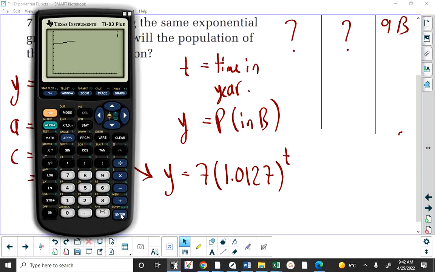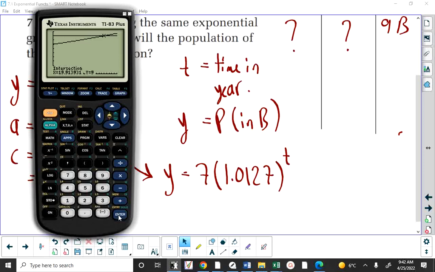Here's my population function. Here comes y equals 9, which is really 9 billion. Intersect, enter, enter, enter. So 19.9 years.